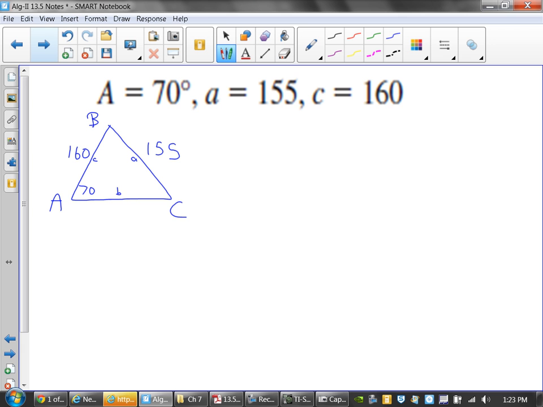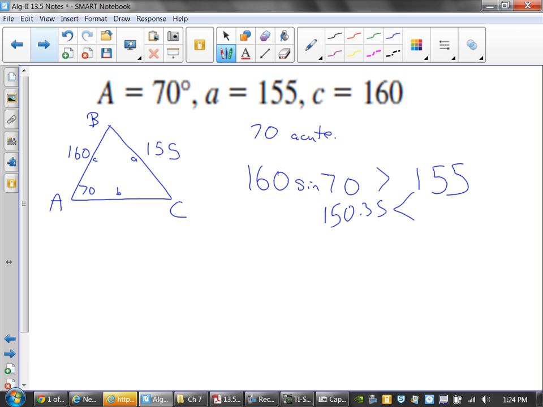So that means I have to check it. Is 160 sine of 70 smaller or larger than the 155? You get 150.35.